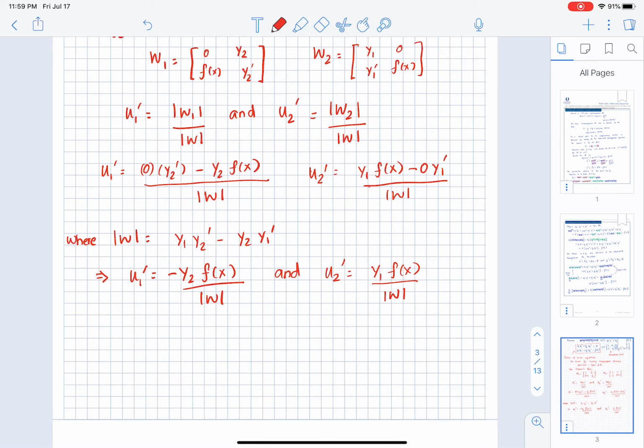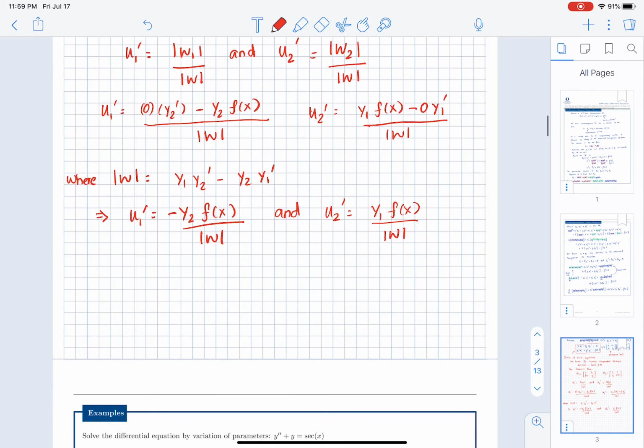Now, this is an easy formula for second-order differential equations, but for third-order differential equations, when we extend this concept, I don't want you to simply memorize the solution. You have to evaluate the Wronskian, its determinant, and the W1 and W2 matrices.